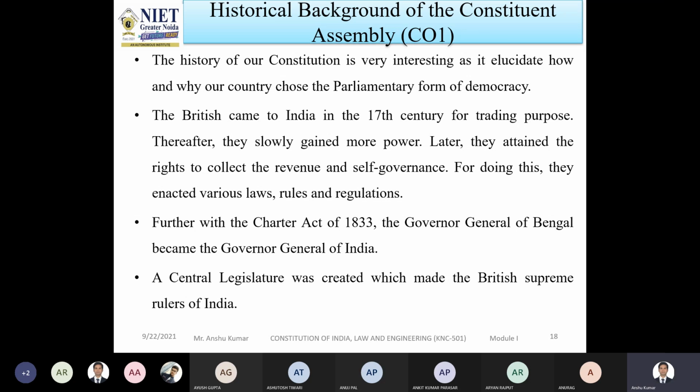Time by time, they enacted different legislation such as the Regulation Acts, Pitt's India Act, and Charter Acts, in 1833, 1853 and so on. There are different charters. And after 1857, the company rule ended, and the Crown directly took over the rule of this land.